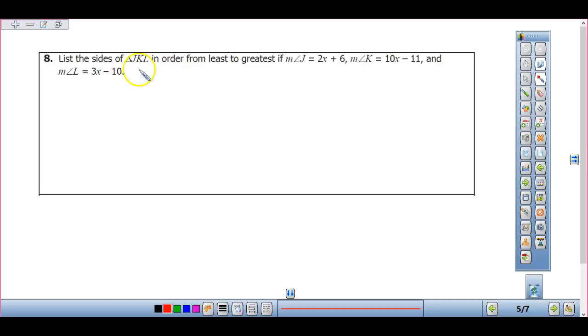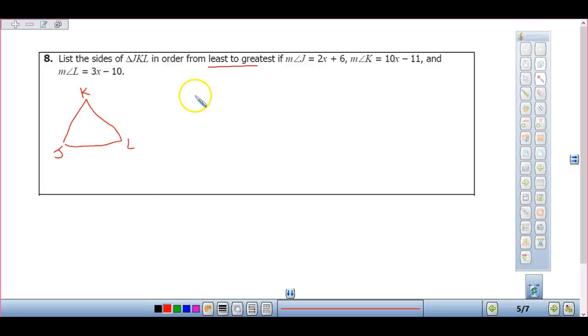Okay. On this, if we're ordering from least to greatest for our sides, first we got to be able to figure out what our angles are. And we know that our angles add up to 180. So if I have J, K, L, we got to figure out what my angles are.